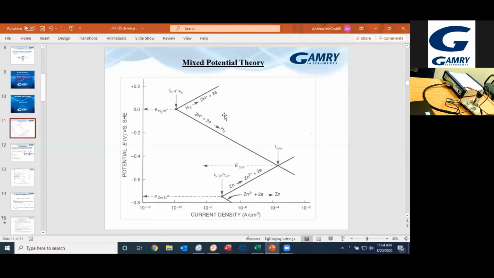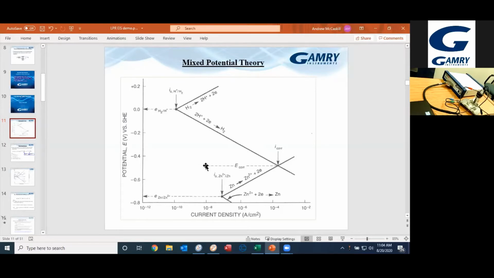Here we have our hydrogen standard potential right at 0. And in this case, it's a figure that shows zinc. And here we have its potential. And when we have these two reduction and oxidation reactions taking place on the same surface, we have to come to a common potential.